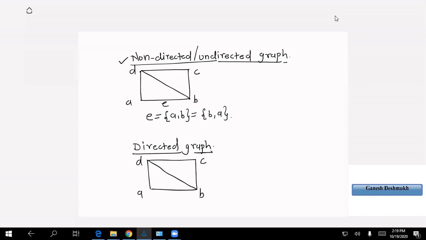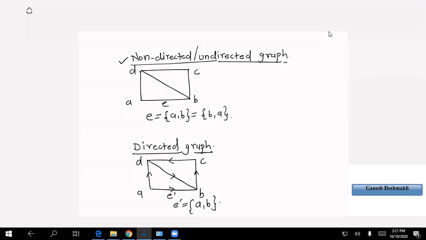The most important thing in a directed graph is that there exists a direction for the edges. This direction is important, and hence the edge, suppose E dash is the edge between the two vertices A and B, is represented by the pair A comma B. Here A is directing towards the vertex B.